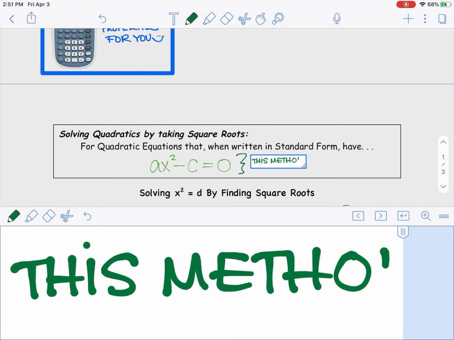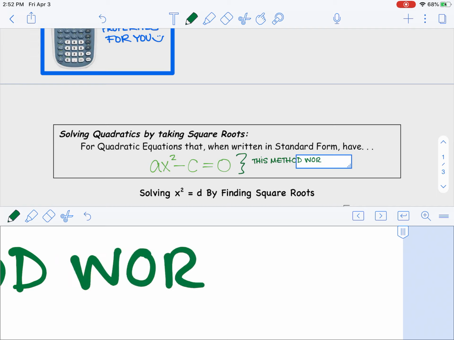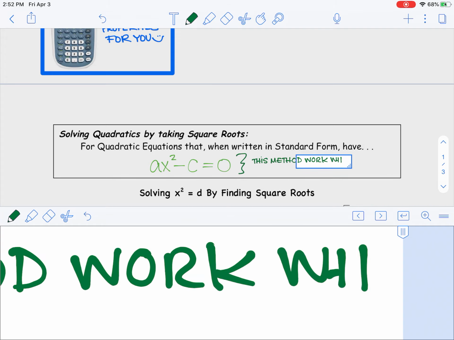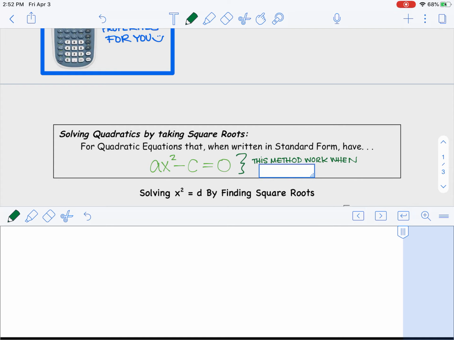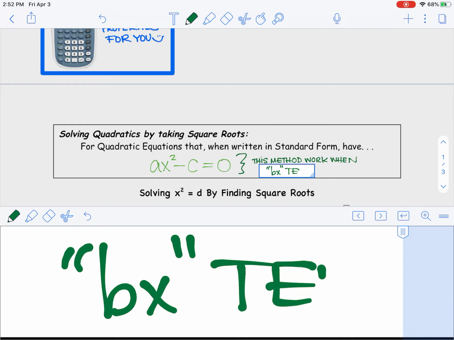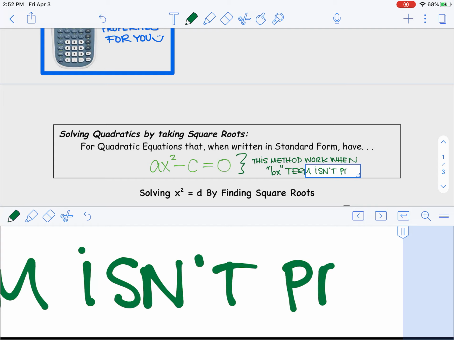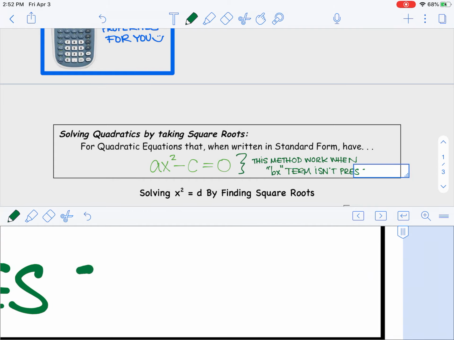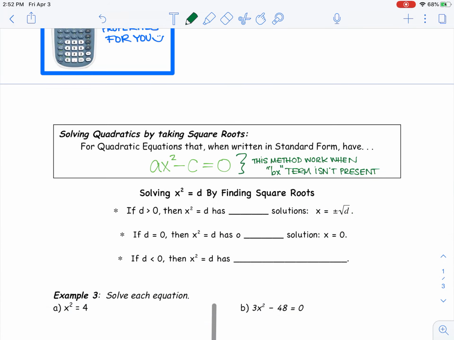So this method works when the bx term is technically 0, or we can just say isn't present. Now there is one exception to this, and we'll get to it down here in example 3.